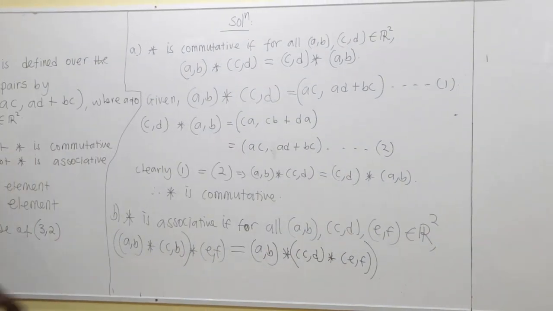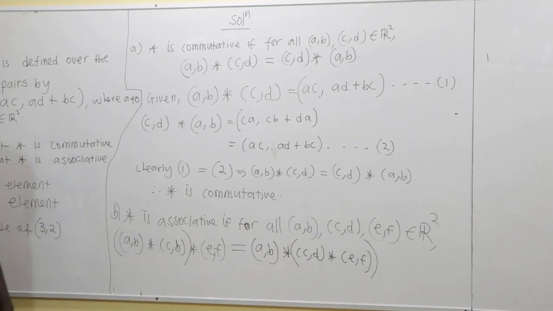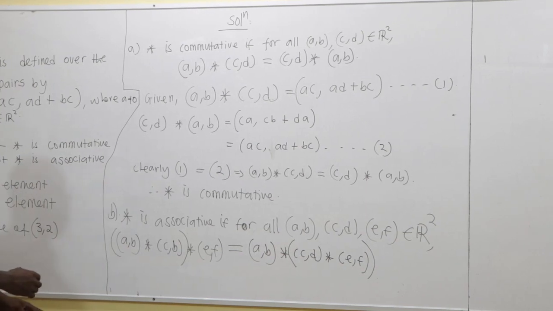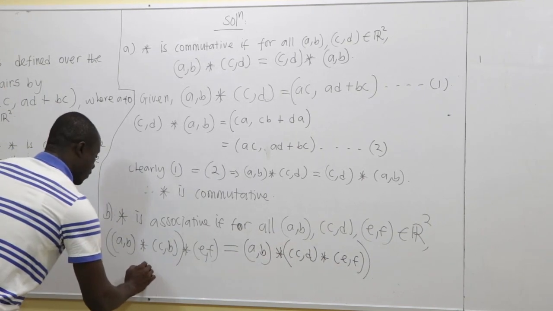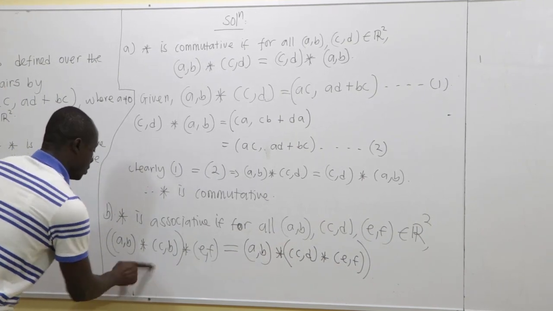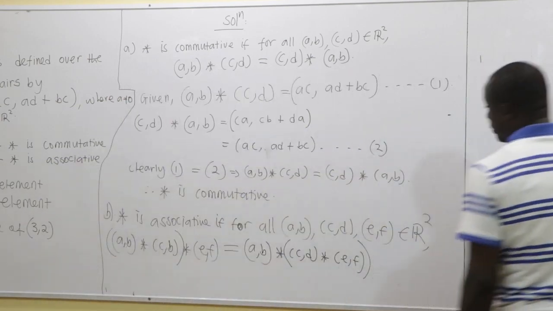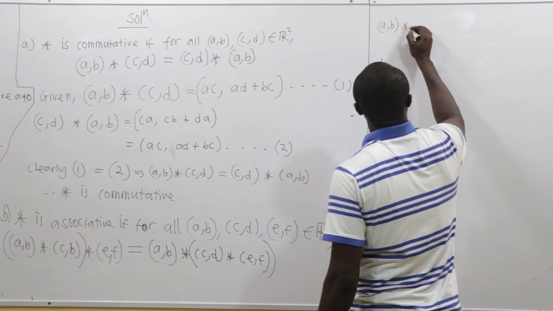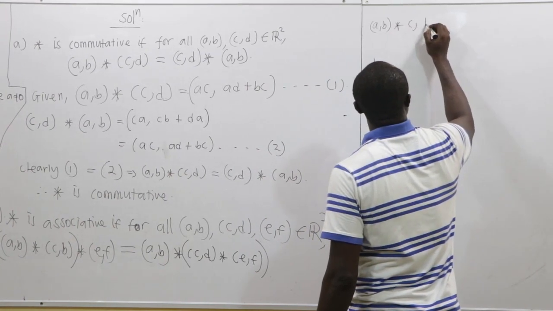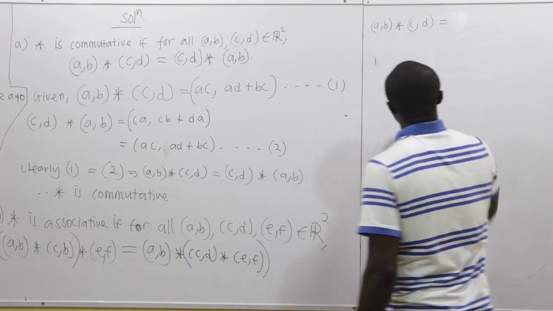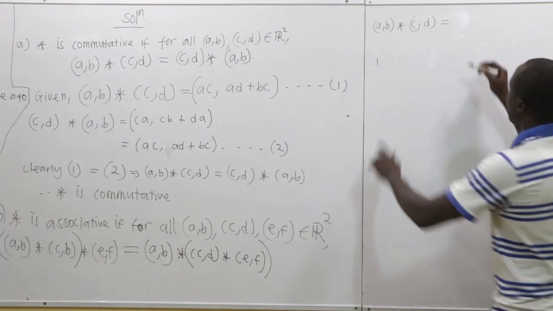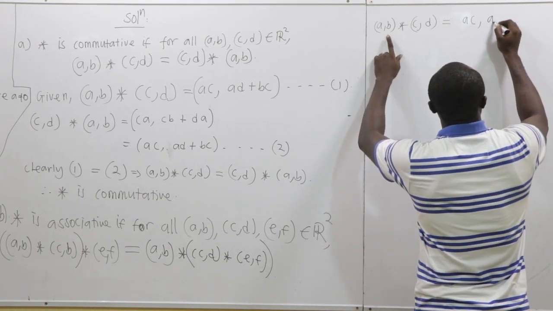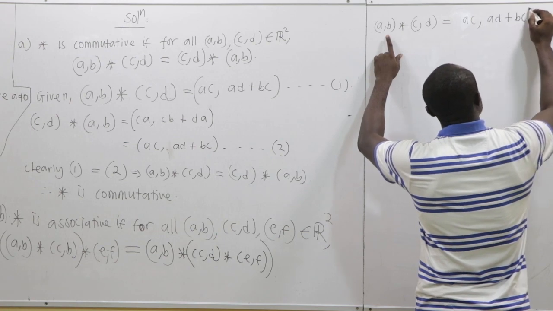So first we consider the left hand side. Now for the left hand side, we know that (A, B) star (C, D) is equal to (AC, AD plus BC).